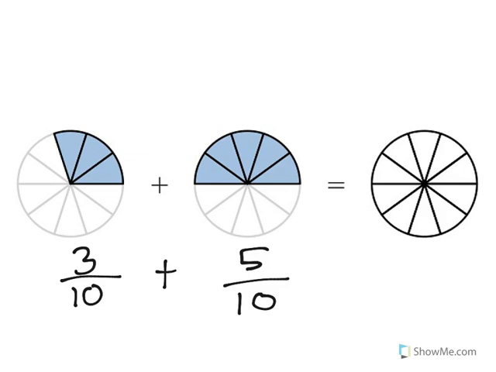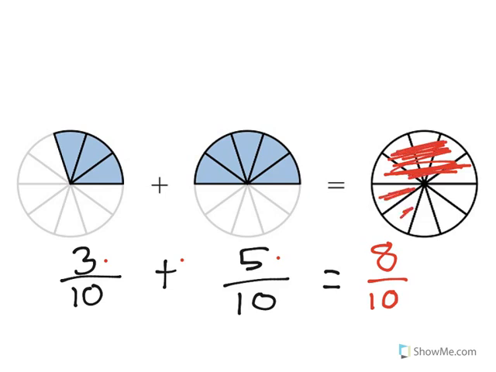So we have 3/10 plus 5/10 is equal to, so to figure this out, we know that our denominator stays the same, which is 10, and then we have 3 plus 5, which equals 8. So if we were going to color this in, I know that I'm going to color in 5 of them. 6, 7, 8.